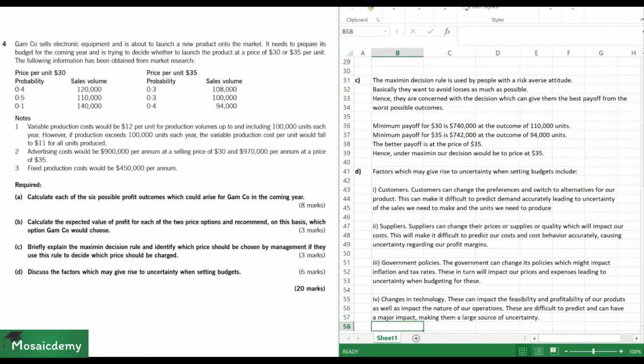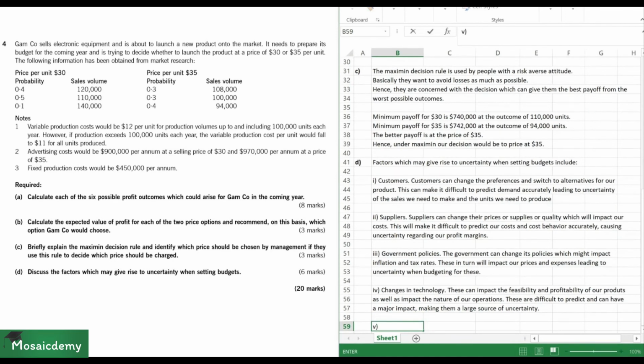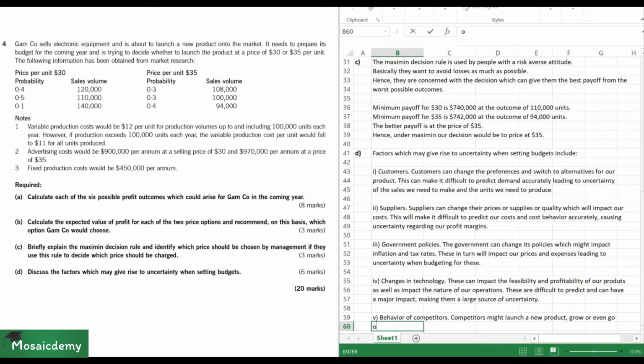We didn't talk about one more stakeholder, competitors, right? Let's talk about competitors. Behavior of competitors. Competitors might launch a new product, grow, or even go out of business.